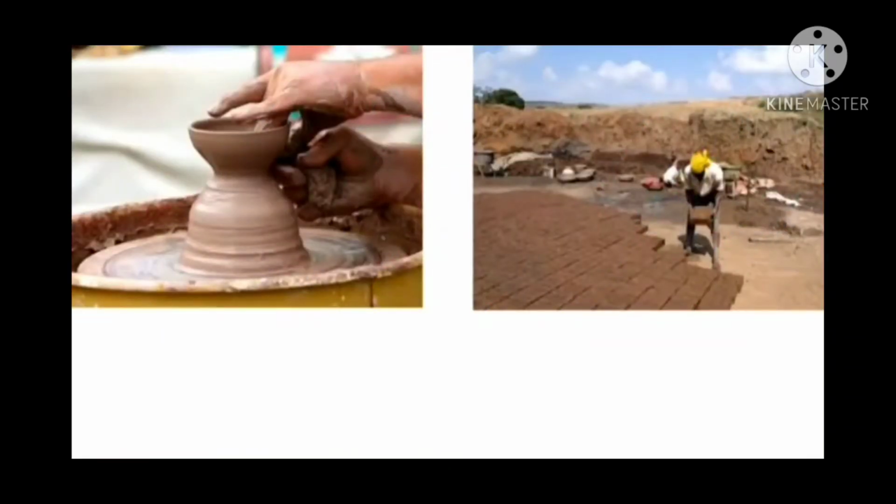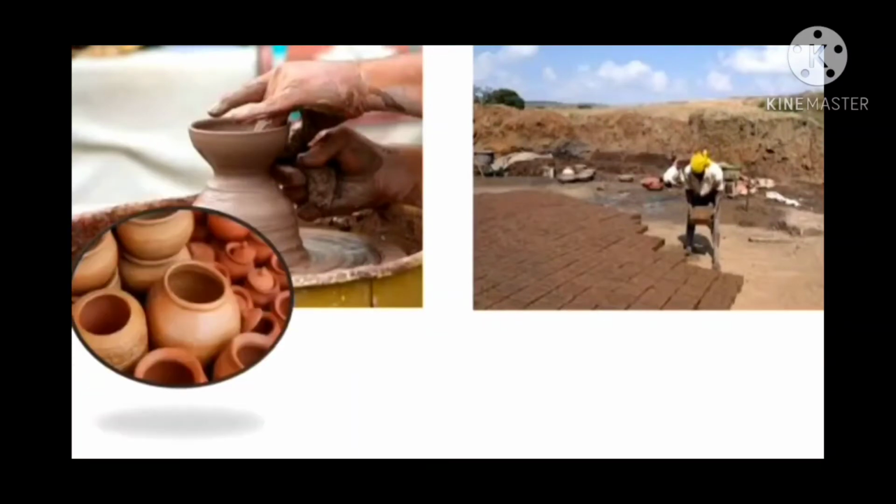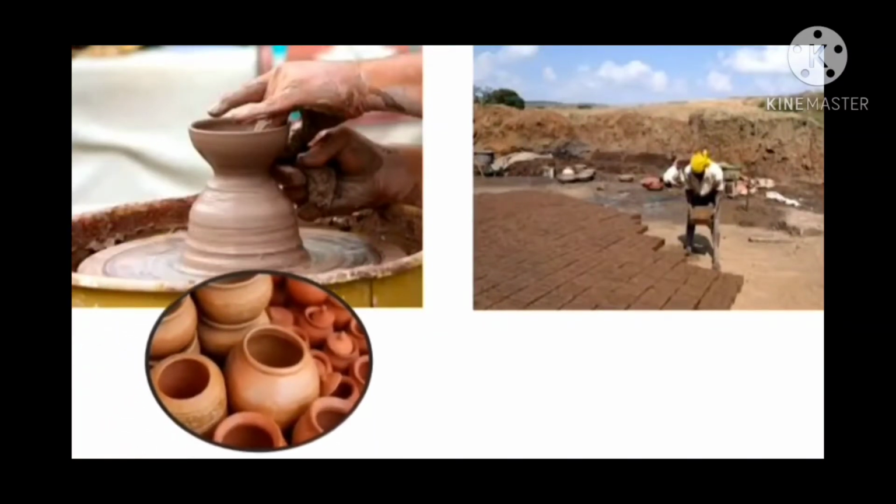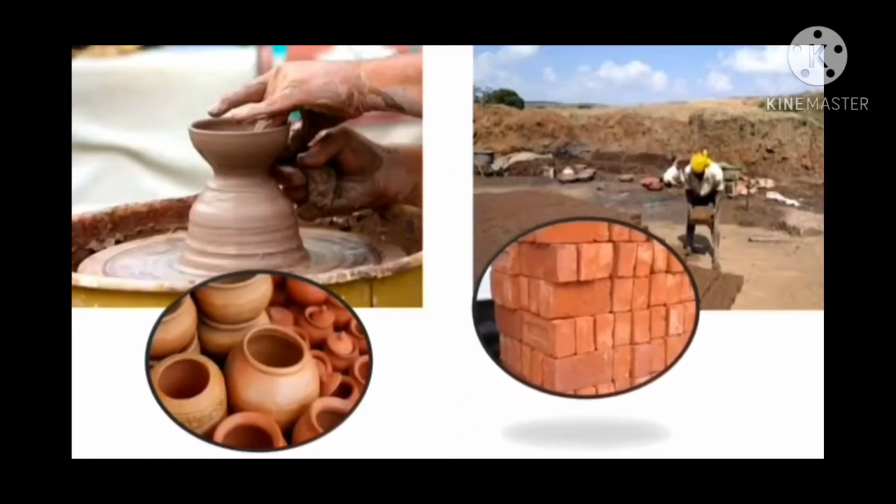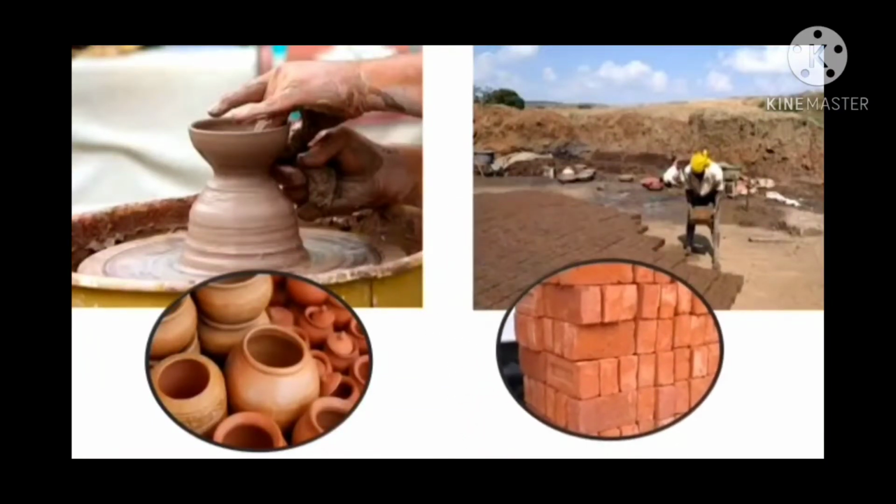Where is it used? It is used by potters to make different kinds of pots and toys, and it is also used in making bricks, which we use for the construction of our buildings.